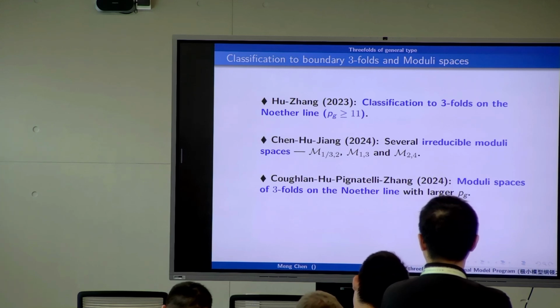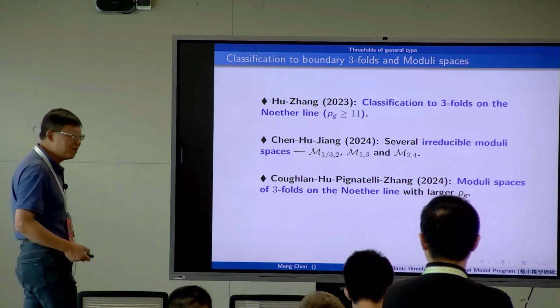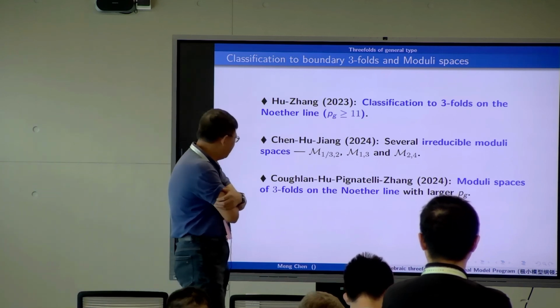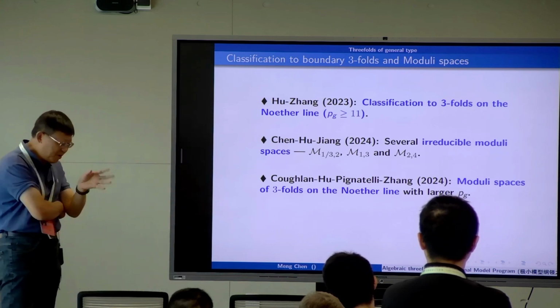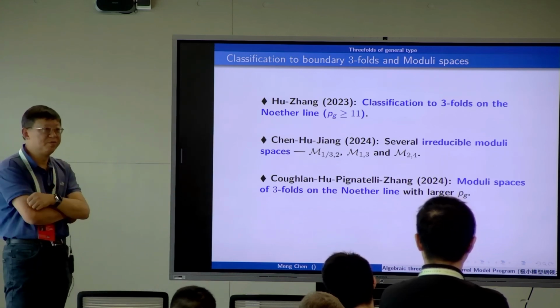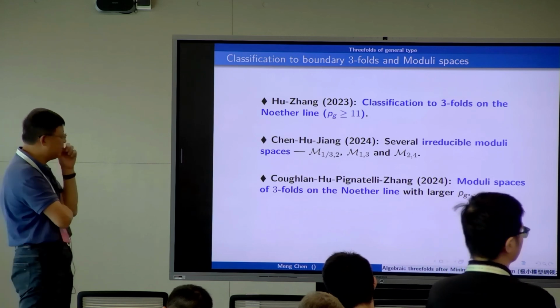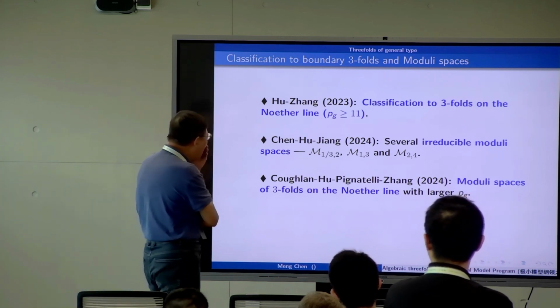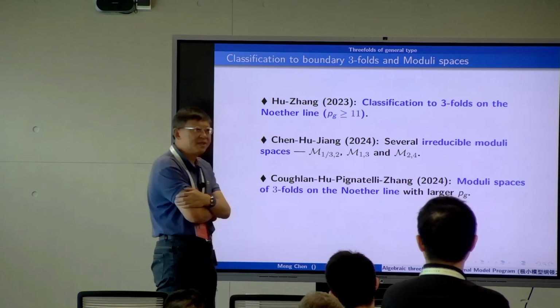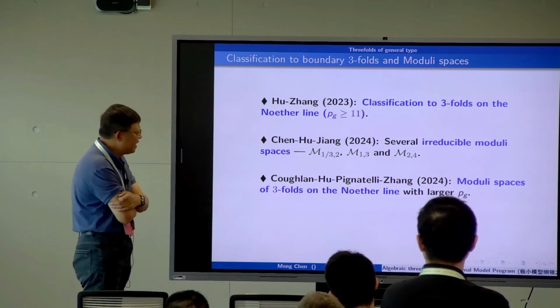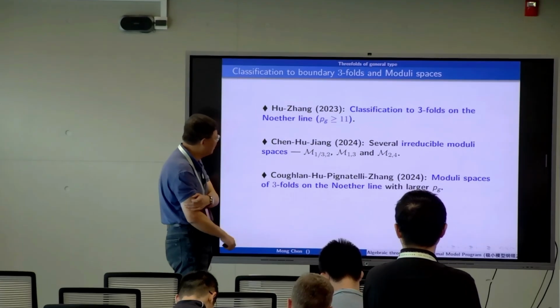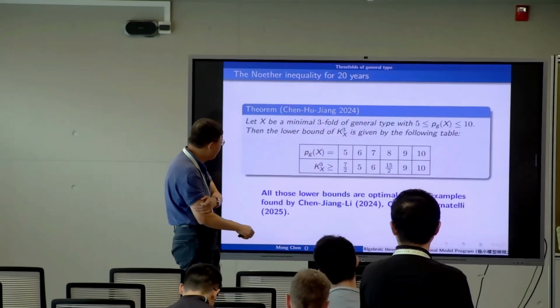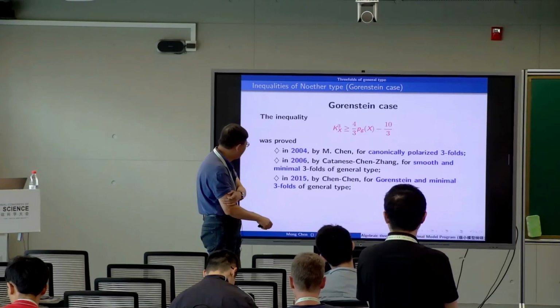For the Fano case, what is the exact number for the upper bound of the anti-canonical volume, and what is the upper bound for the anti-canonical stability index? In the general type dimension, what I mean is the so-called conjecture of Hacon-McKernan.